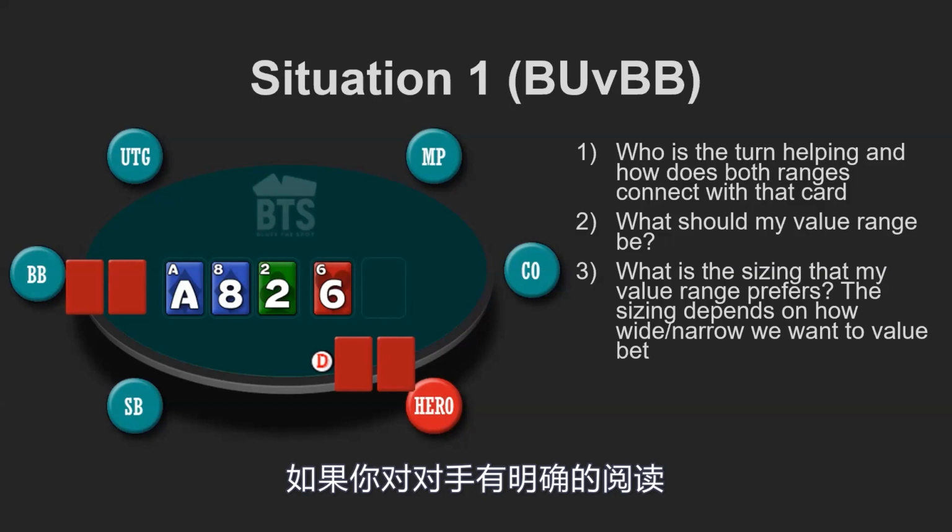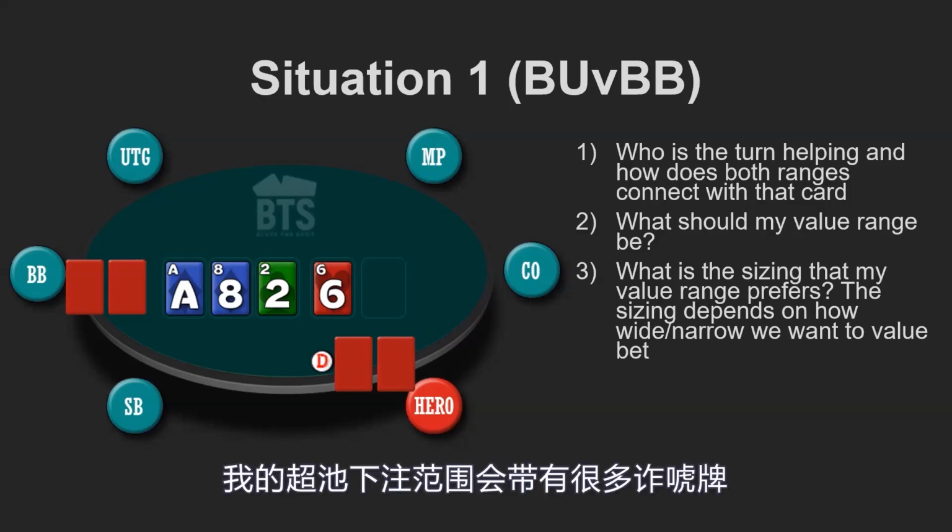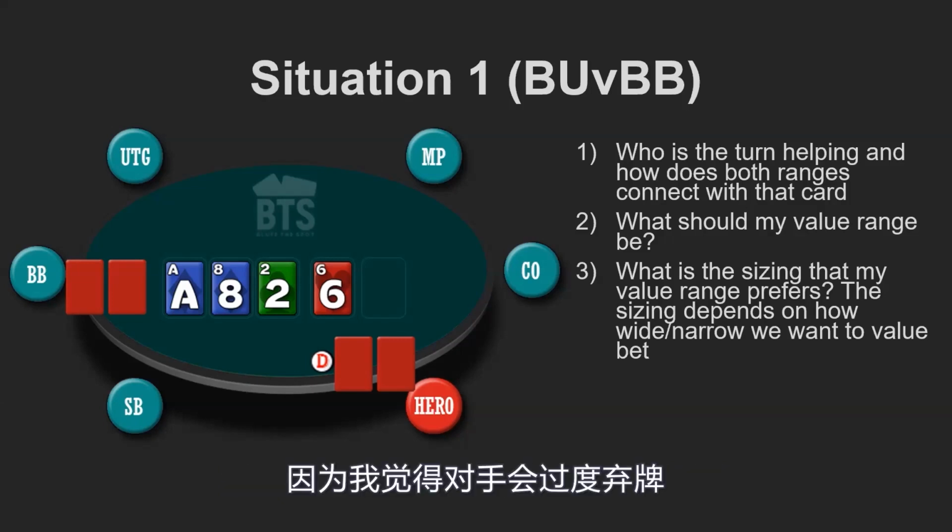If you know that people are actually overfolding massively versus the overbet, there are some spots where my overbetting range is going to be super bluff heavy, because I think people are overfolding versus that. So I'm going to be bluffing quite a lot there, and I'm going to be using a smaller sizing with my value range, because I want to make sure I get called. But again, this is exploitatively.